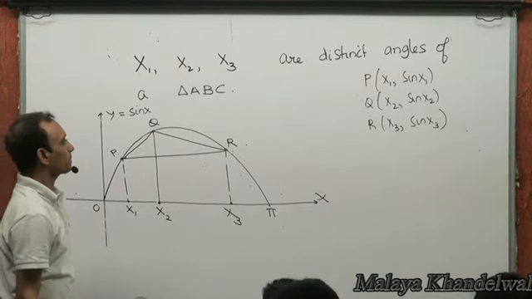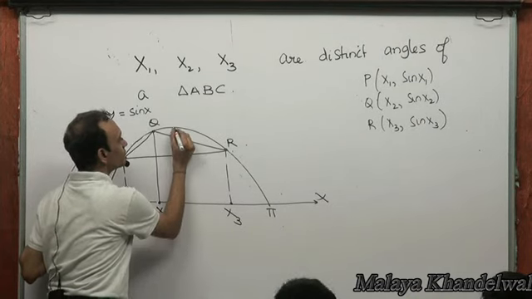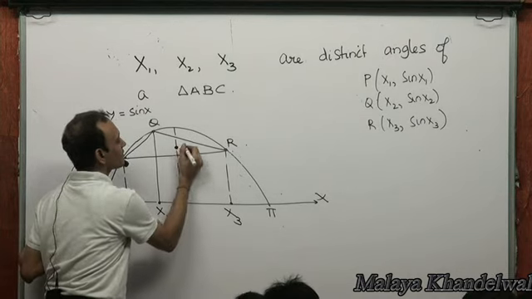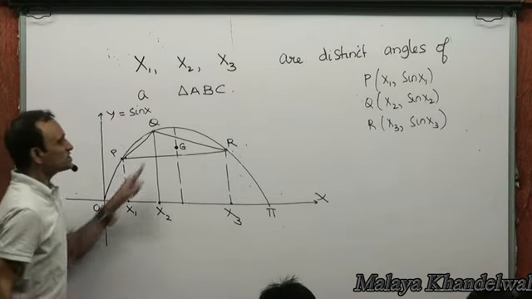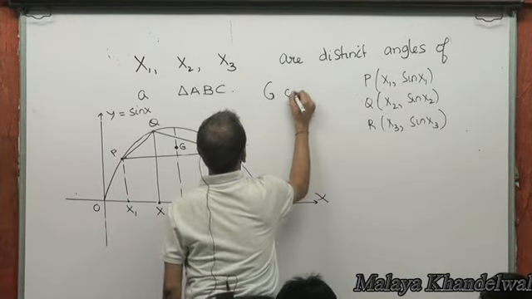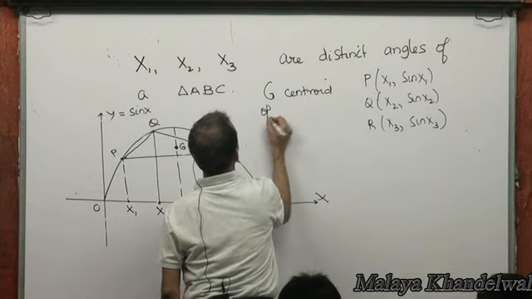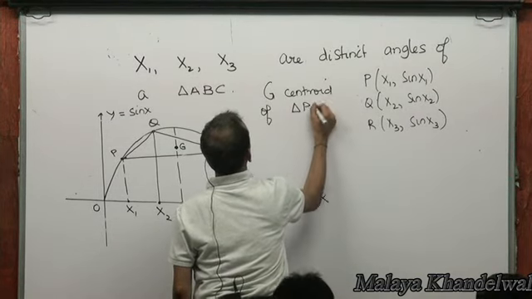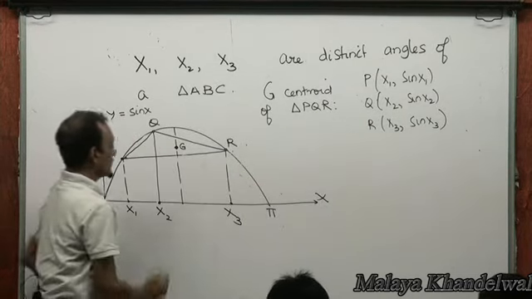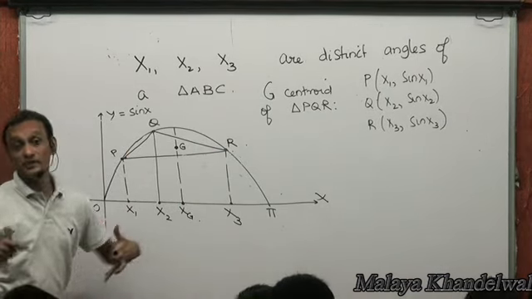Now, this triangle PQR has a centroid. This G is the centroid of PQR. The x coordinate of G would be (x1 plus x2 plus x3) by 3.